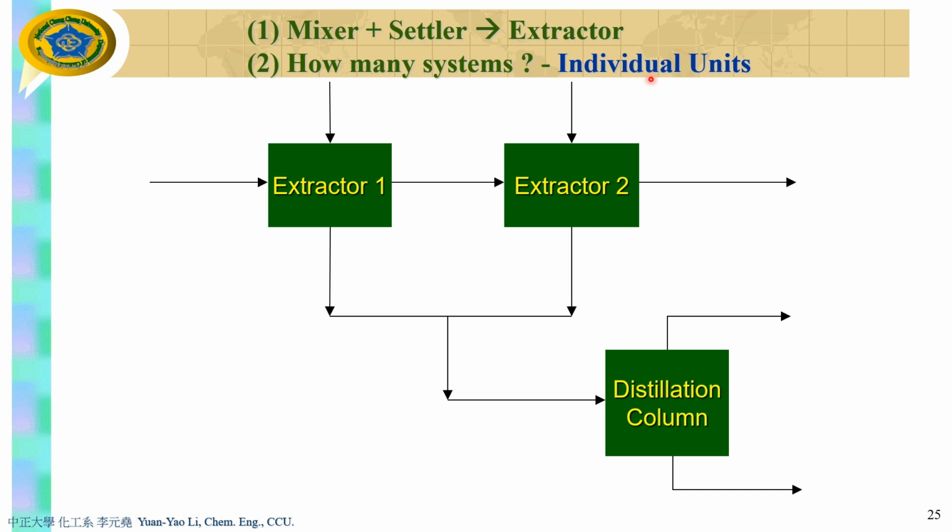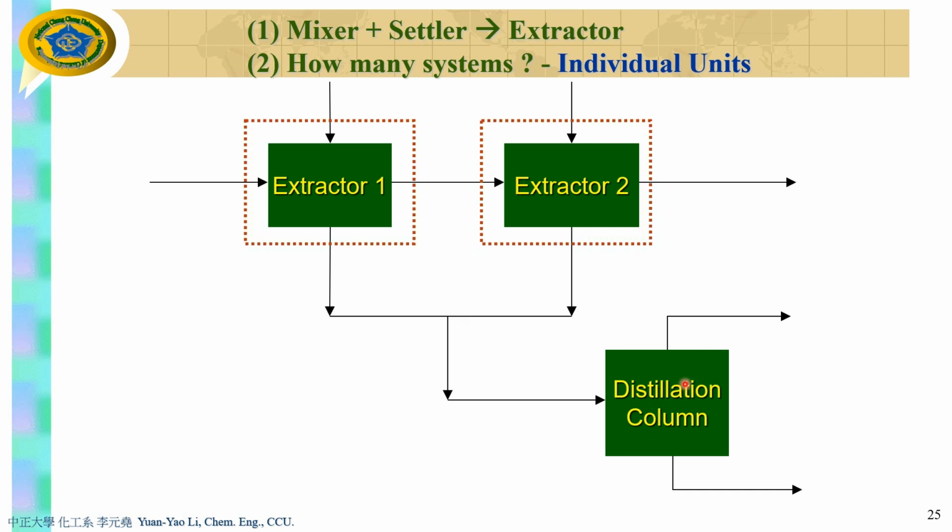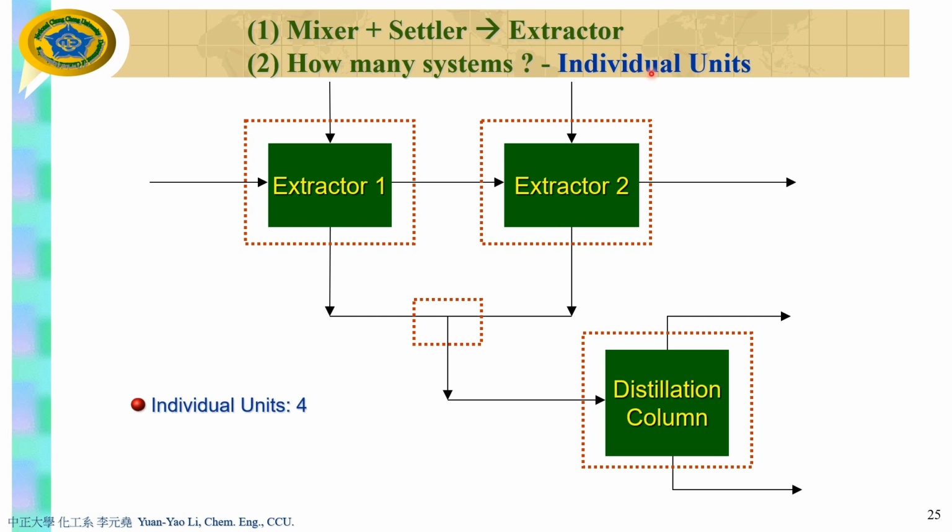So now let's think of how many systems. First, individual units. How many systems for the individual units? 1, 2, 3, 4, right? So for each system you can do input equal to output. Right? Each one you can do input equal to output. So individual unit, 4.